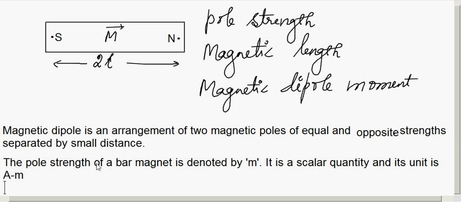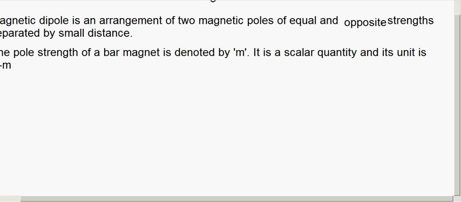Next we will see what is magnetic length. In the figure you can see it is denoted by 2L. Magnetic length can be defined as the distance between the two poles of a bar magnet.